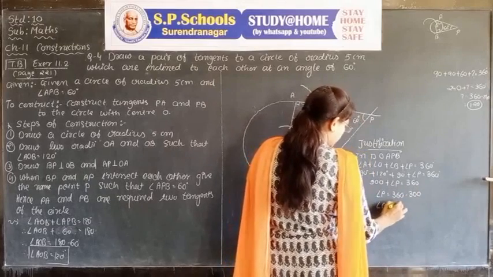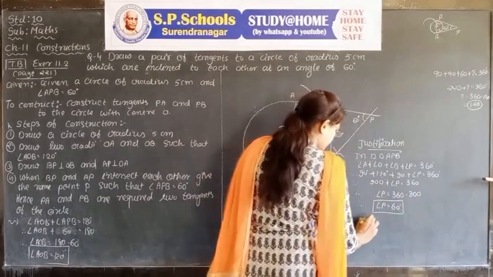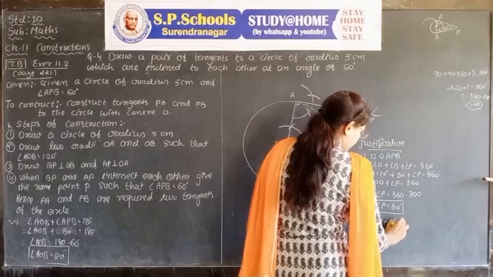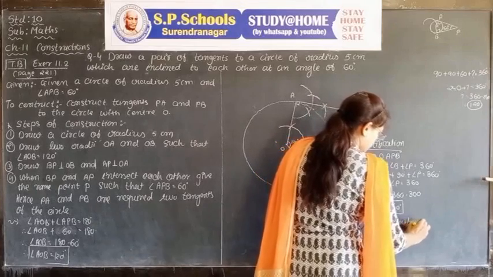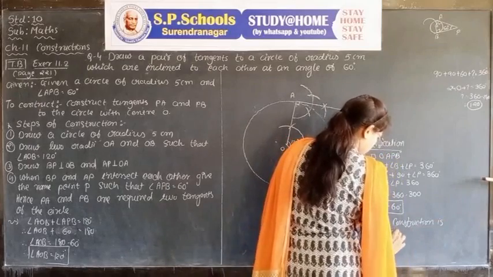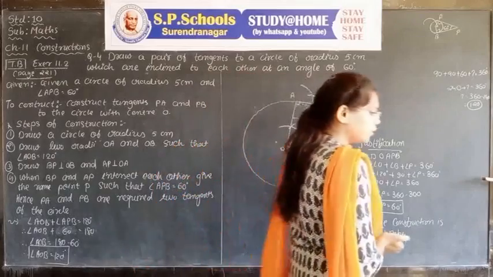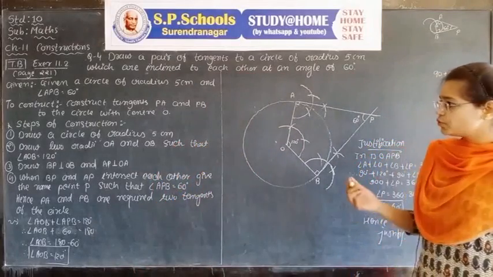Therefore, angle P is equal to 60 degrees. Hence, the construction is justified. Hence, our construction number 4 from exercise 11.2 is completed.